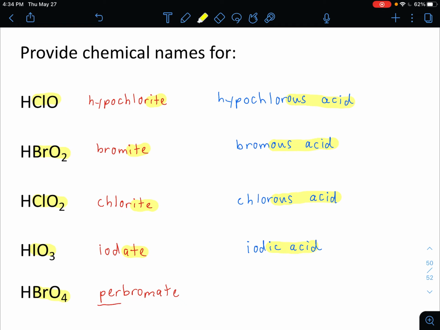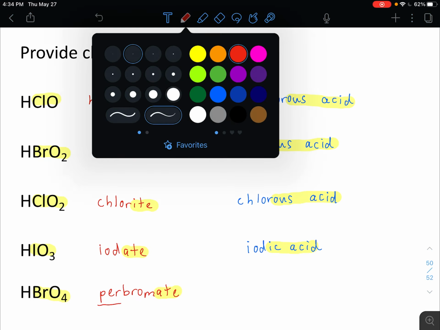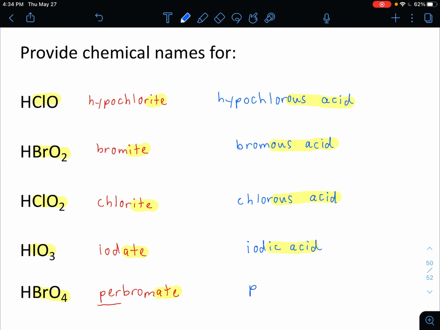So the per will carry over to the acid name, and then ATE will become ic. So this will be perbromic acid. So again, ic acid to correspond with the ATE ending.